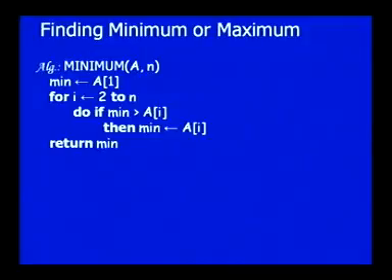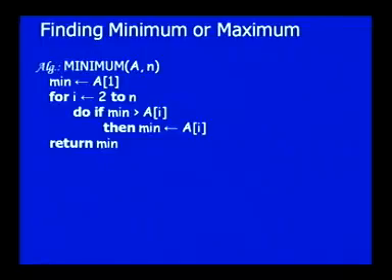So, the conventional algorithm that you will write will look like this. Your array is A, n elements are there, your problem is finding maximum and minimum.